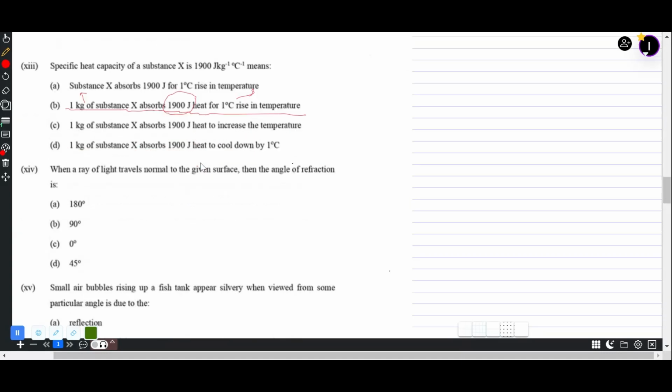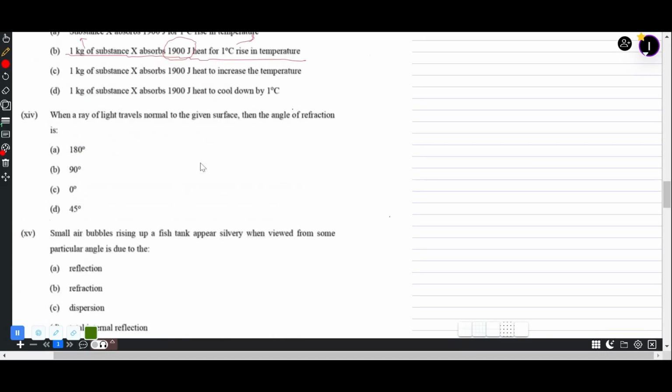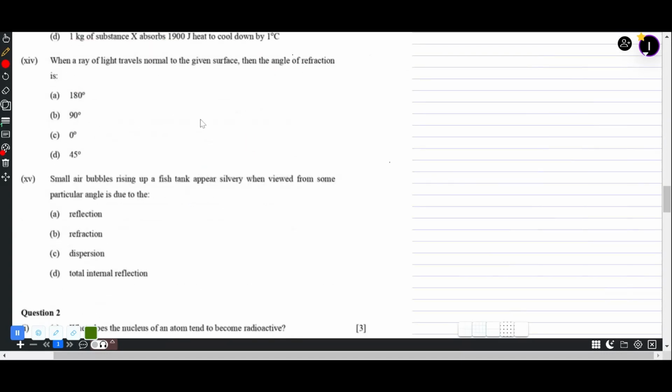Okay. Next is when a ray of light travels normal to the given surface, then the angle it makes from the normal is 0 degree. Okay. And this is the incident ray, and this is the normal. Right? So this is 0 degree. I'll rather make another diagram and show you.